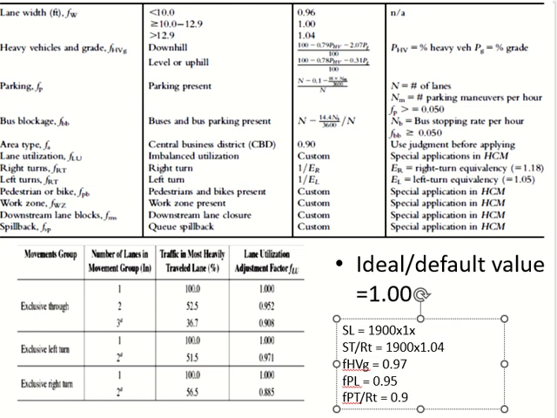The next one is for bus blockage. We need N, which you already know, 2 and 1, and the number of buses stopping in the analysis hour, just 15.